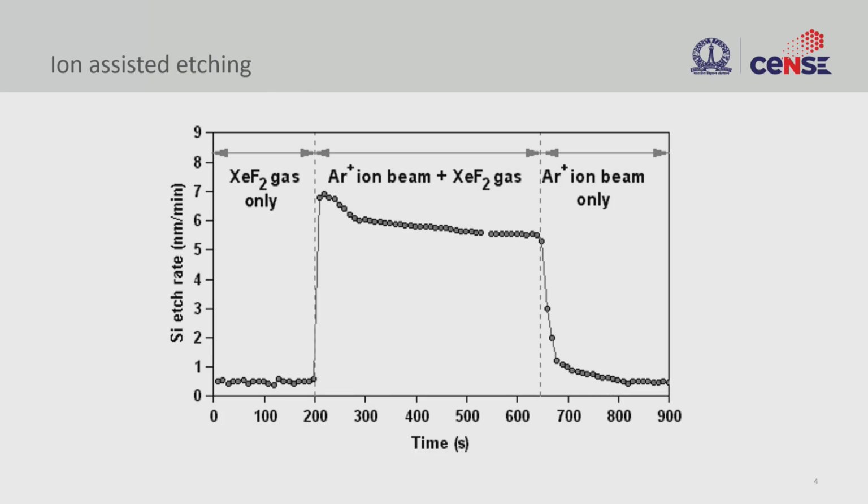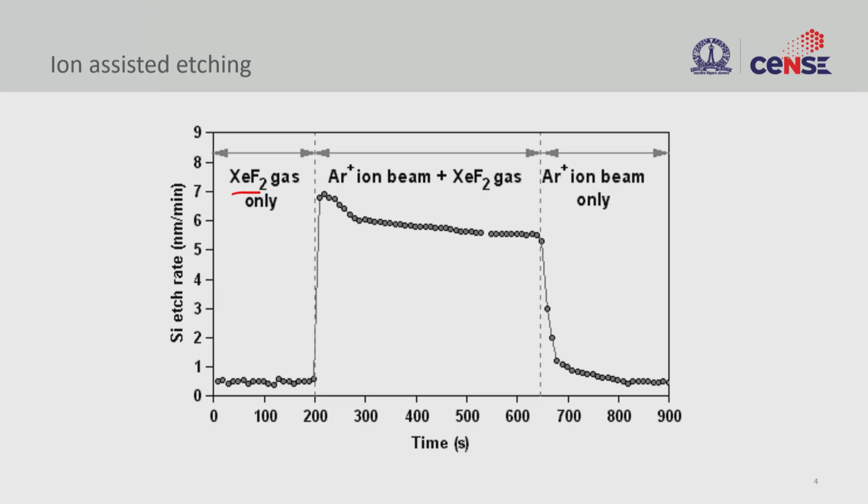So let's look at the contribution of ions. We have been talking about the importance of ions, looking at ion flux and ion energy and so on. This is a classic experiment that was done to really explain the importance of ions. In this case, this is a silicon etch, and xenon fluoride is the gas used.